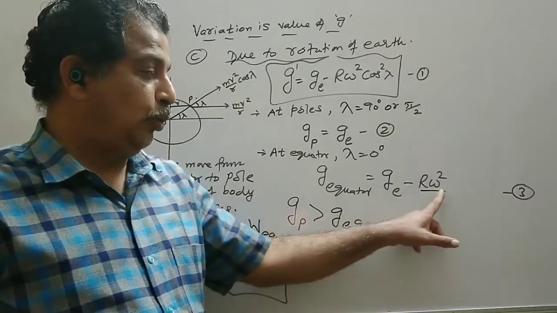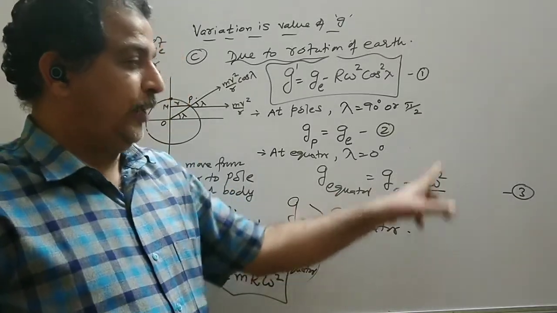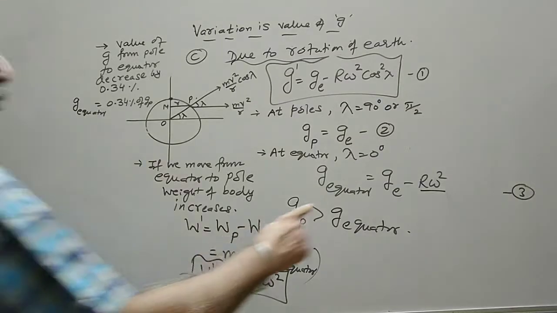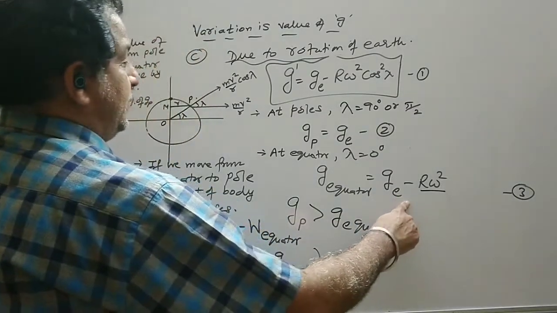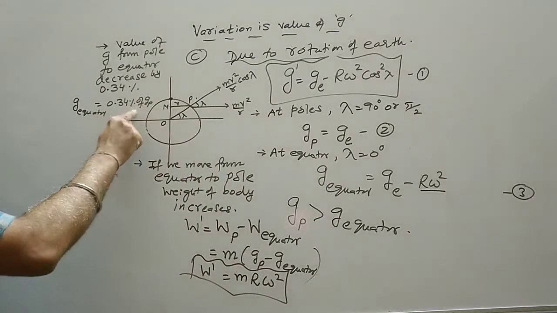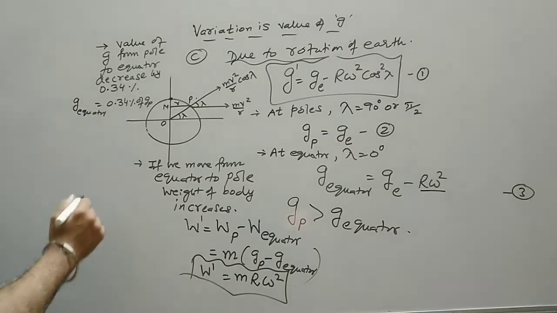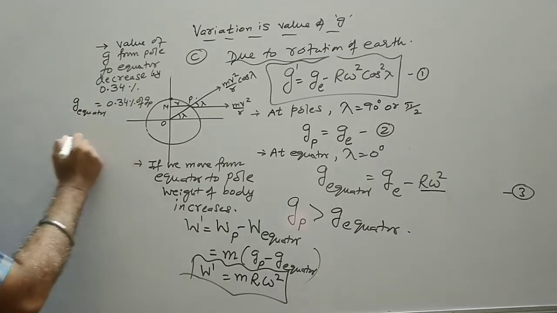So you can find out omega. If you do this calculation and subtract that value from 9.8, then it comes out to be 0.34% of g_p. So there is a variation of only 0.3%. So this is another point.